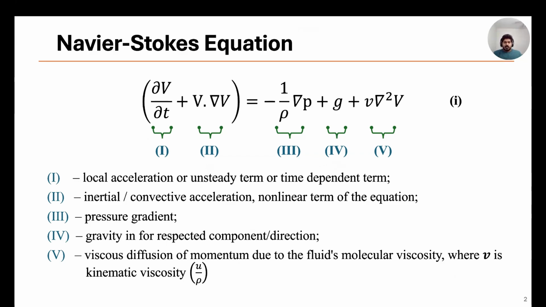And the last term deals with the viscous diffusion that takes place due to the fluid's molecular viscosity. But note that the term ν is the kinematic viscosity, a ratio of viscosity and density.